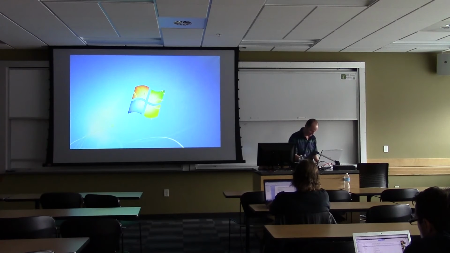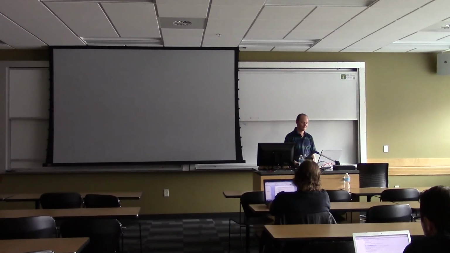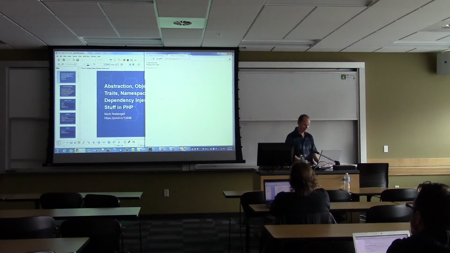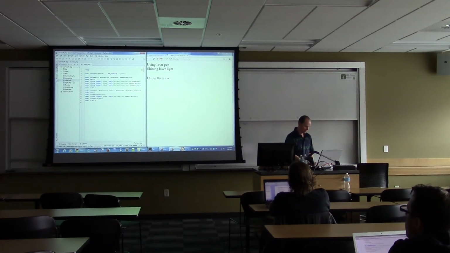Let's think about that. There we go. Because we all love marquees, right? Things that are bouncing, things that are old. So we have a laser pen, it's doing the light, or using a laser pen to shine. And the code for that, let's see.